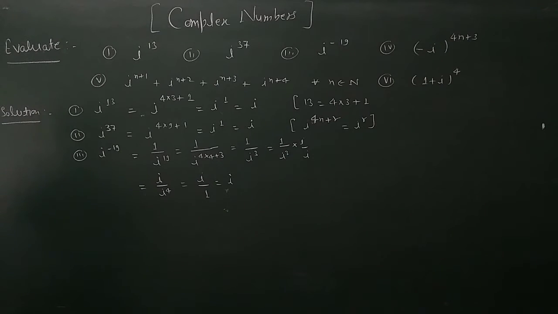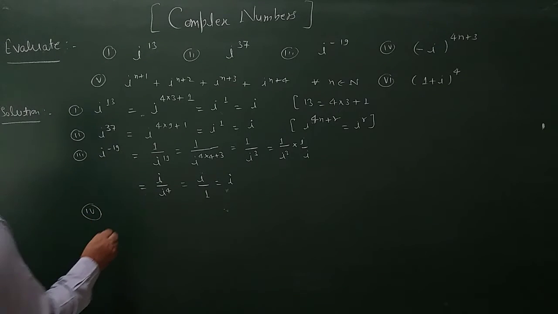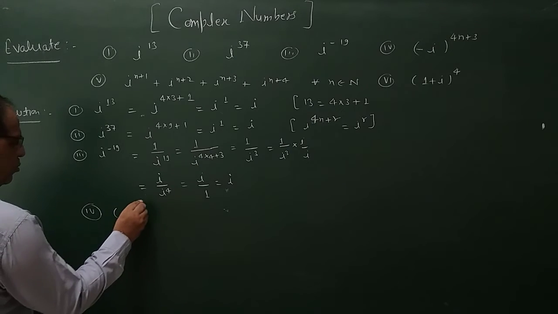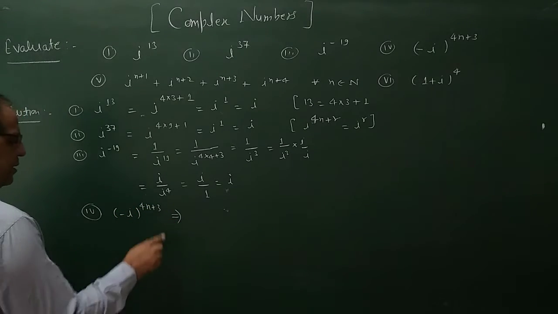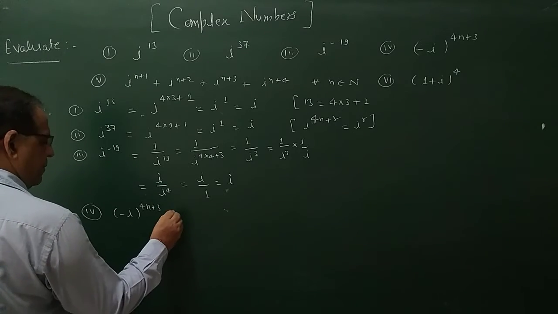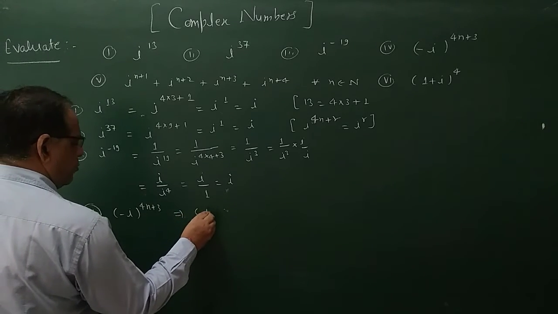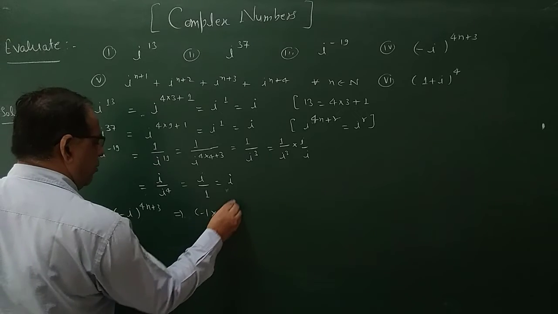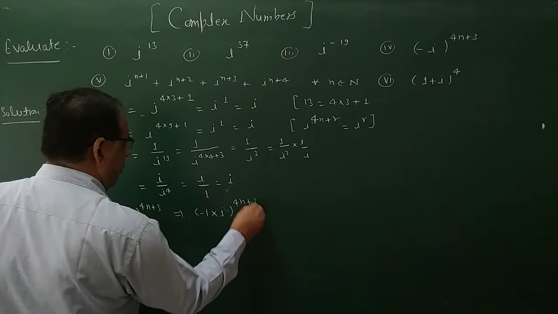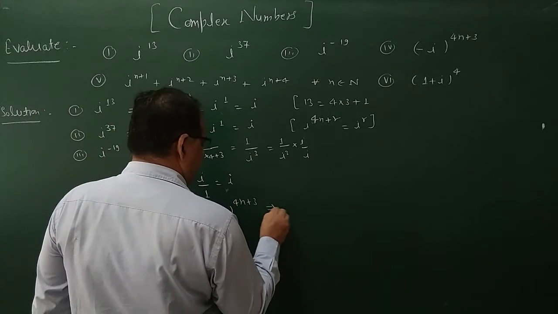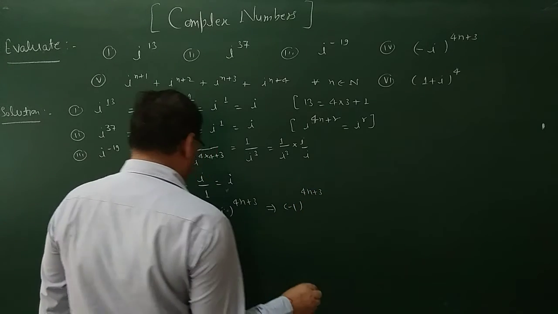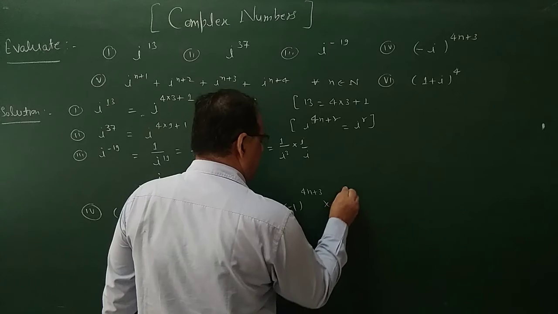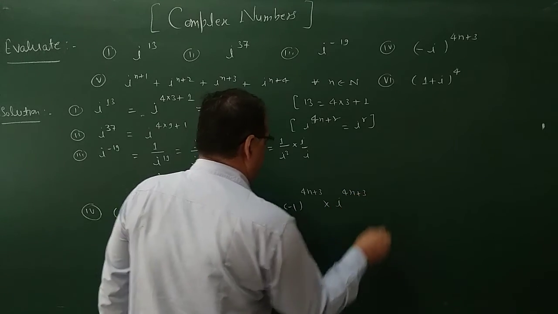Now next question, fourth part, minus iota to the power 4n plus 3. This can be written as minus 1 into iota whole power 4n plus 3. That means minus 1 to the power 4n plus 3 into iota to the power 4n plus 3.